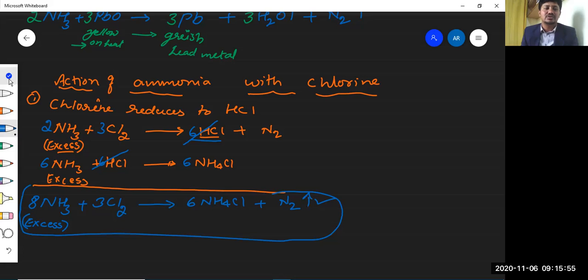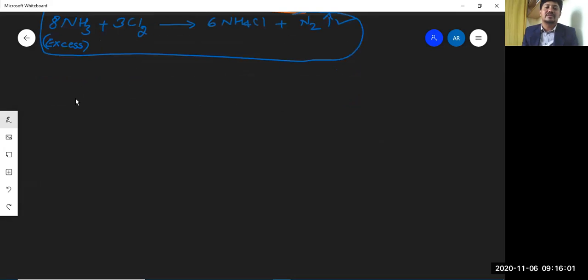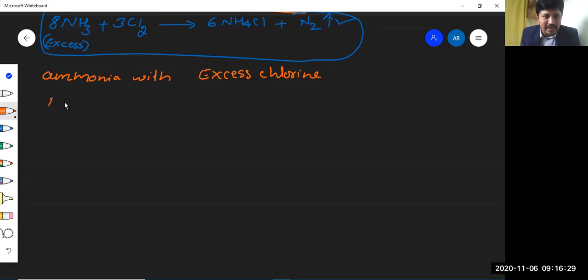Now let us talk about what happens if we use excess chlorine with less ammonia. Reaction of ammonia with excess chlorine, NH3 plus Cl2, where chlorine is in excess.